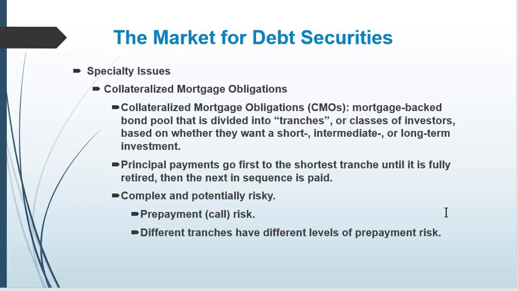Now the challenge with these is that these bonds are very risky. They have a prepayment or a call risk, but also each level of risk has its own level of prepayment risk. So this is one of the types of debt that got the mortgage market into so much trouble recently.